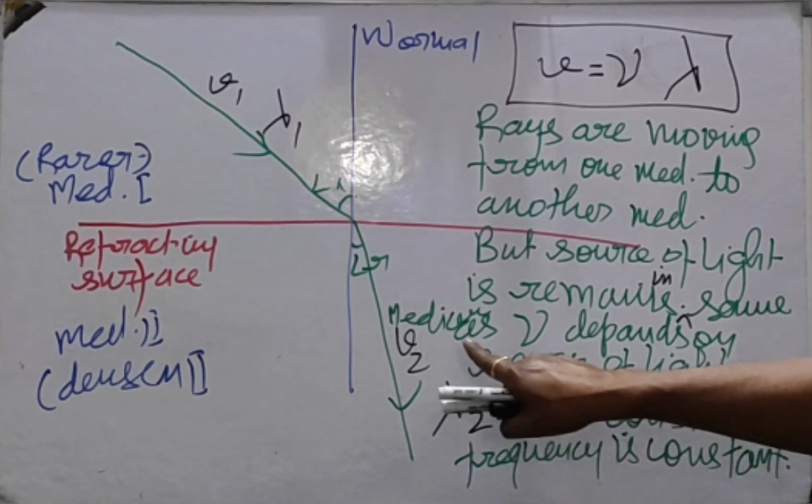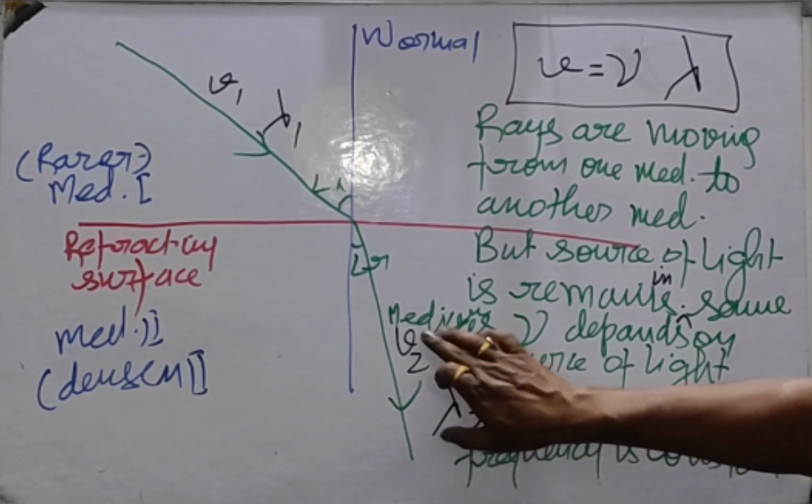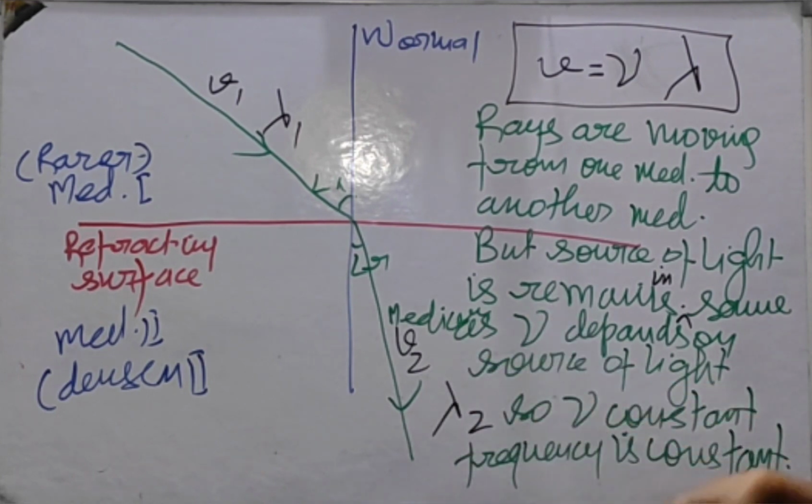As frequency depends upon the source of light, frequency is constant because the source of light is not moving. The source of light remains in the same medium. As frequency depends upon source of light, so frequency is constant, right?